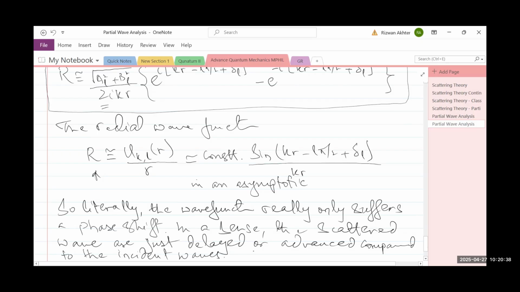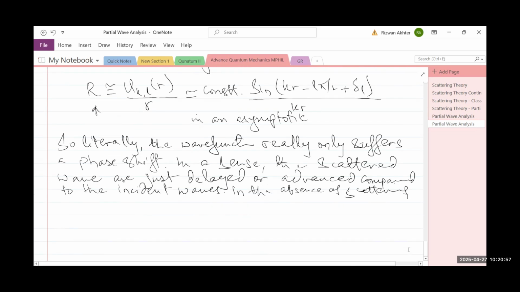And obviously, in the absence of scattering potential, basically delta L क्या हो जाएगा, सिफर हो जाएगा. So in the absence of scattering potential, डेल्टा एल किसके बराबर हो, डेल्टा एल सिफर के बराबर हो जाएगा.